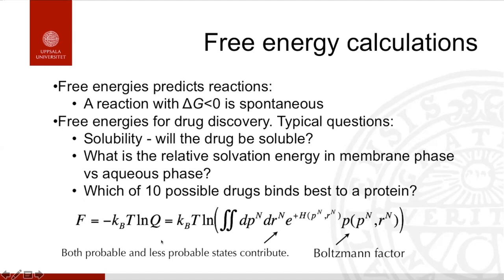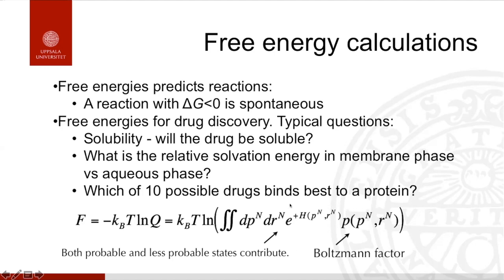So in order to evaluate those with free energy, we would need to really cover the entire space of configurations. So we would need to see how likely the molecule would be found in one state and another, and then to measure it together with the probability of finding this molecule in a specific state.